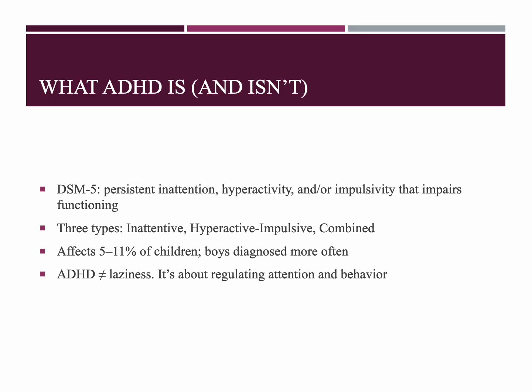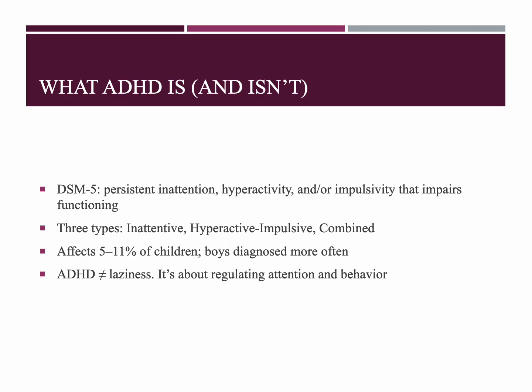So ADHD is just one of the most researched and well documented childhood conditions that really is out there. The DSM-5 says that it's an ongoing pattern of inattention or hyperactivity and impulsivity that interferes with everyday functioning.